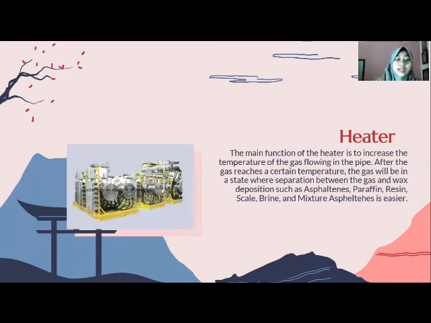And then the next one is the heater. The heater is one of the supporting facilities that can be found in most floating production units. The main function of the heater is to increase the temperature of the gas flowing in the pipe.